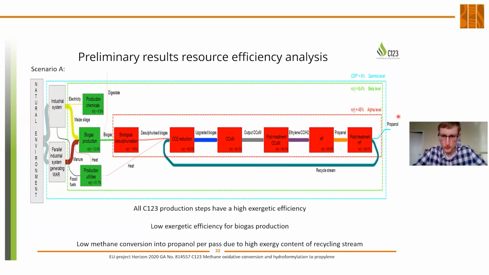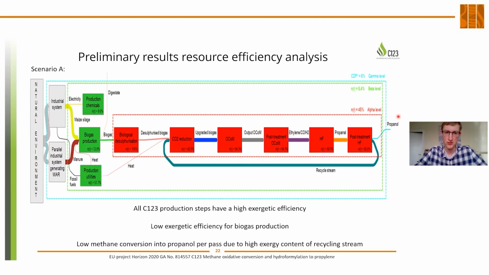A final conclusion from this figure is that the exergy content of the recycling stream is quite big. This recycling stream contains methane. That means that we have to try to increase the conversion of methane into 1-propanol so that we do not lose exergy due to recycling.